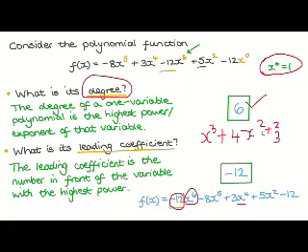As you know, x cube is the highest power. So what is the coefficient of x cube? If no coefficient is mentioned there, you will consider it as 1. It's not that there is no coefficient; there is always a 1 as a coefficient. So 1 is the leading coefficient here.